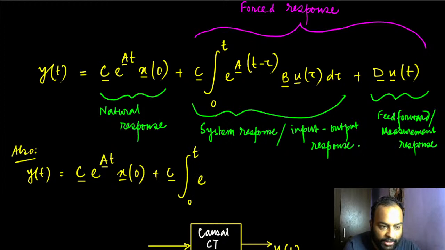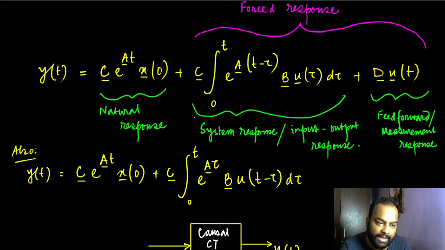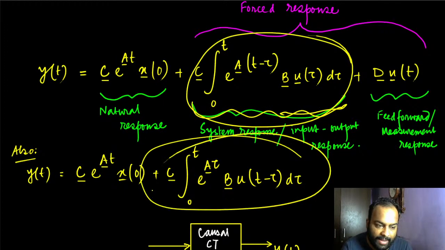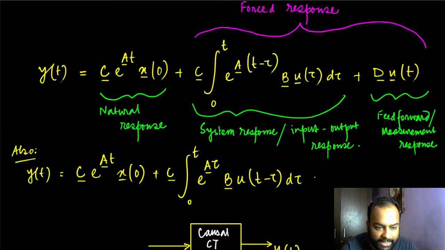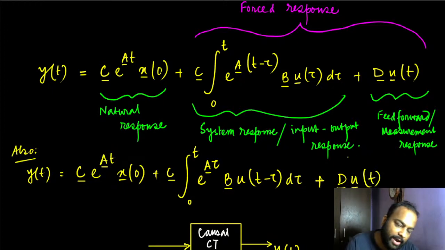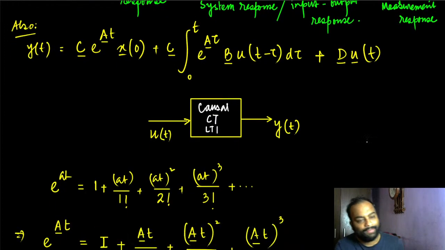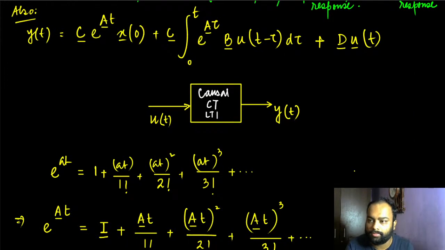So instead of writing e to the power a, t minus tau, I would just write e to the power a tau, and this is going to be b u, t minus tau, d tau. Exactly the same thing. It still has exactly the same value as this one. So whatever value of this one I calculate will be the same as this one I calculate. There won't be any changes whatsoever. So you can calculate it according to your wish, and depending on the particular scenario, whichever gives you a simpler calculation, that one you take.